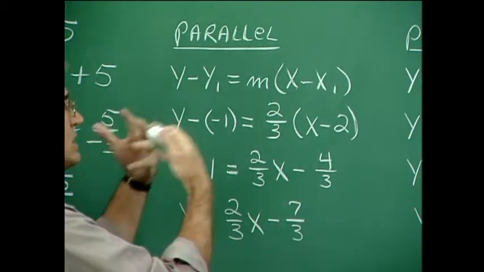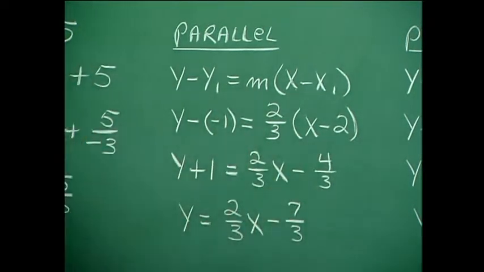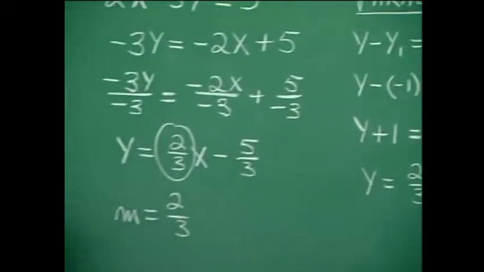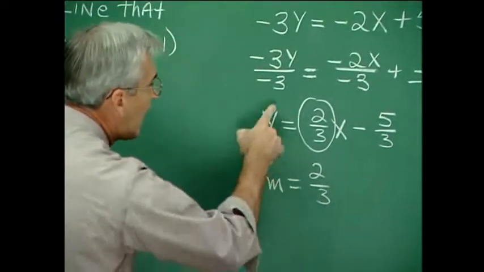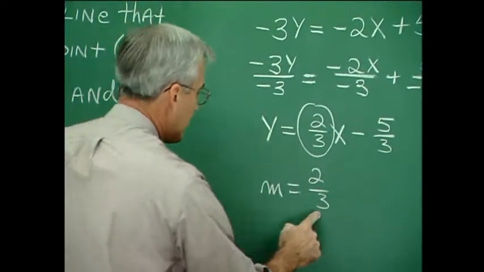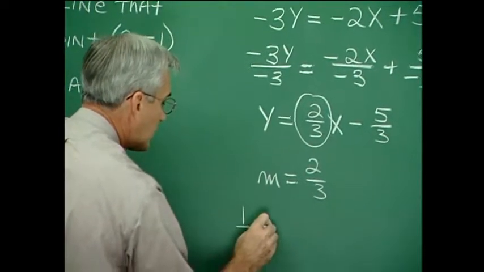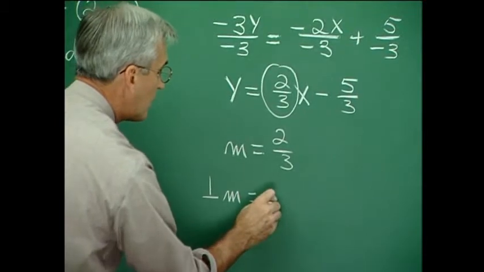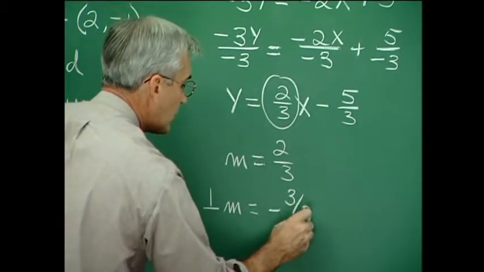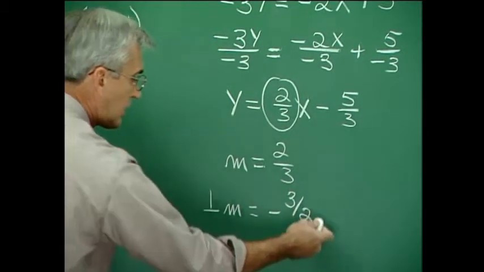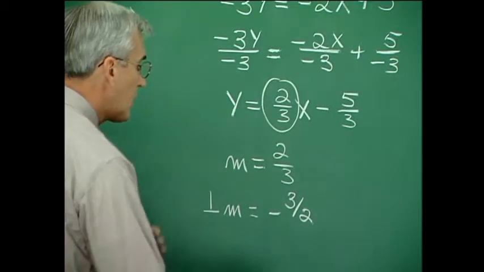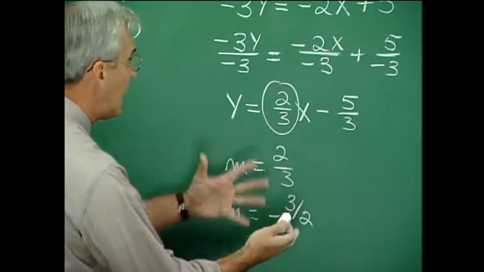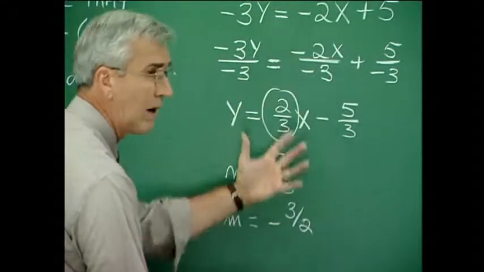Now for the perpendicular line, let's come back over this way. Let's come this way just for a second. If the slope of our given line is 2/3, then the perpendicular slope would be the negative reciprocal of this. So it would be -3/2. And this is the slope that we're going to use to generate the equation of a line perpendicular to the graph of this guy.